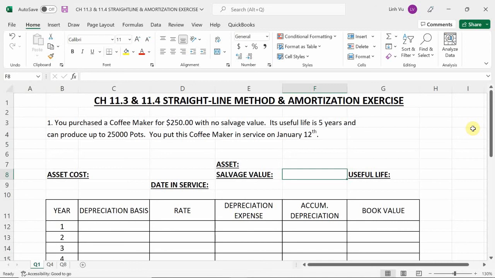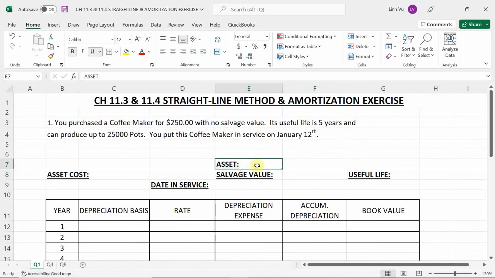Okay, and of course you put this coffee maker into service as of January 12th. So assuming you are going to be depreciating it at the end of the year, December 31st, right? So if you decided to put into service as of January 12th, that means you're going to depreciate it when?